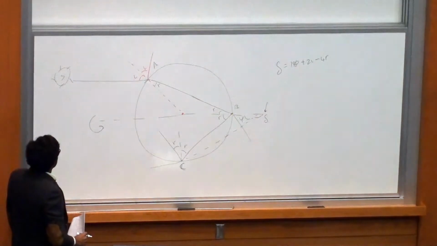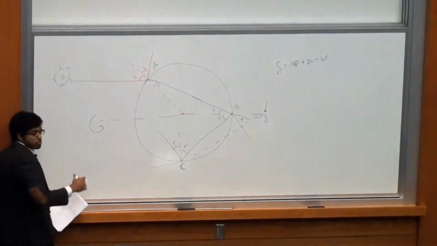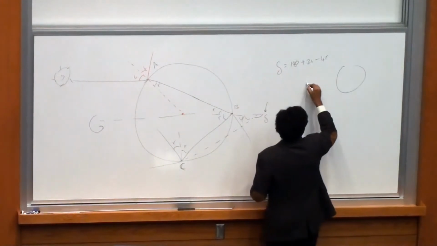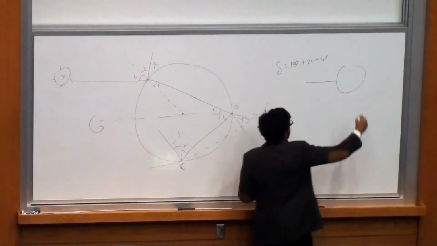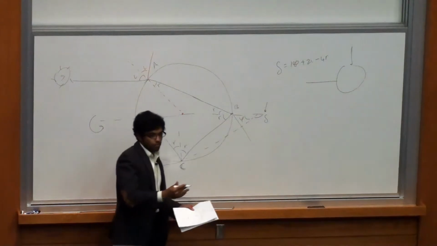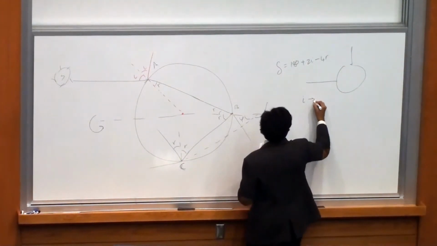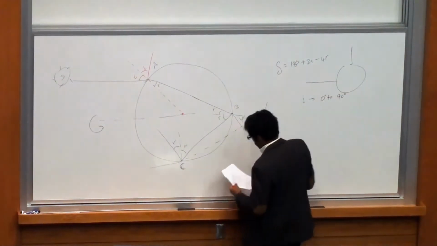And another thing is the angle of incidence for this could be anything from 0 degrees. So if I had some sphere here, if it's hitting straight here, I can say that's my angle 0, angle of incidence. And if it hits somewhere over here, that could be 90. So it can have anything from 0 to 90, which means that the range of I goes from 0 to 90 degrees, anywhere in the middle.